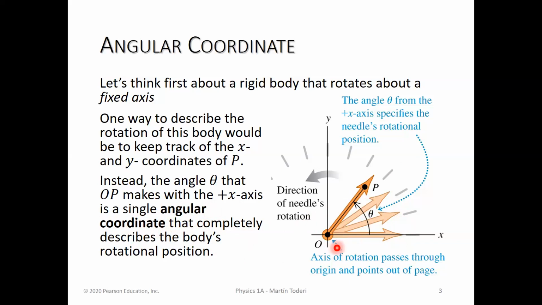Of course, the body's not moving, it's just rotating about the fixed axis. The arrow is not moving anywhere. The P is not moving, it's just rotating. That's what I'm saying. All right. So it's quite intuitive, but it's pretty useful because we are just ditching two coordinates, X and Y, to have instead just one, which is theta. All right. Good.